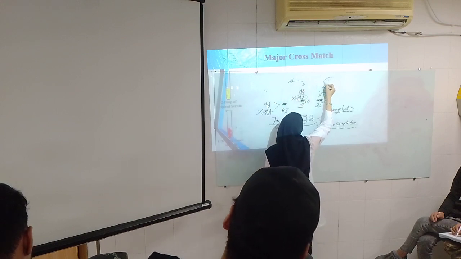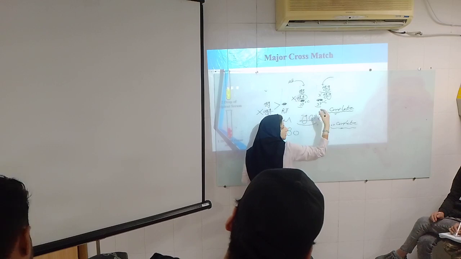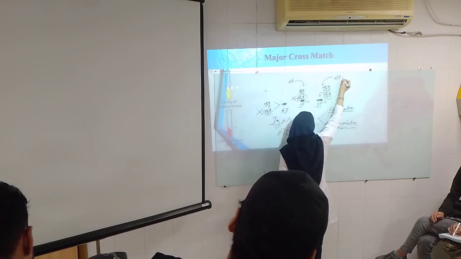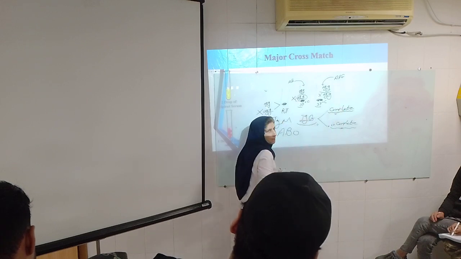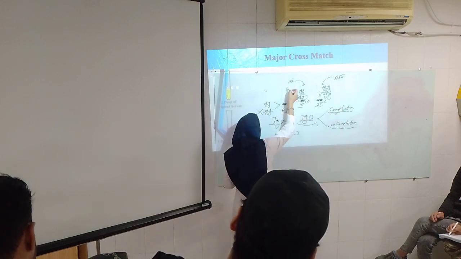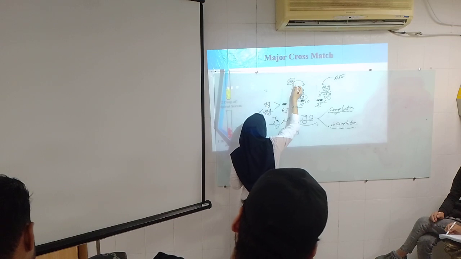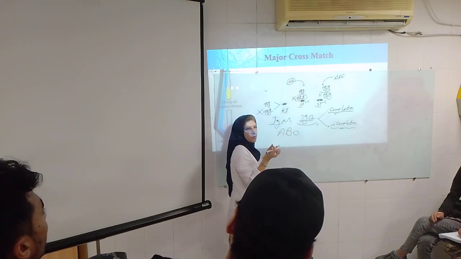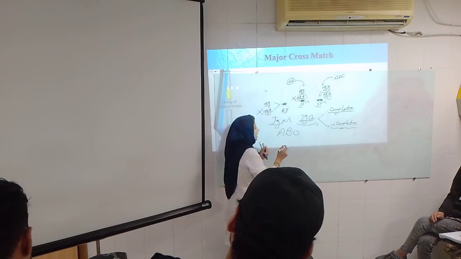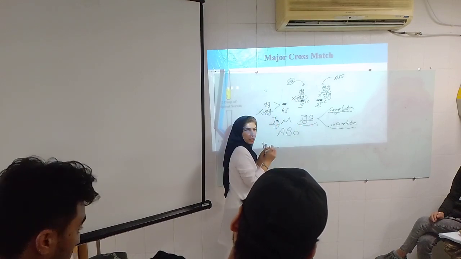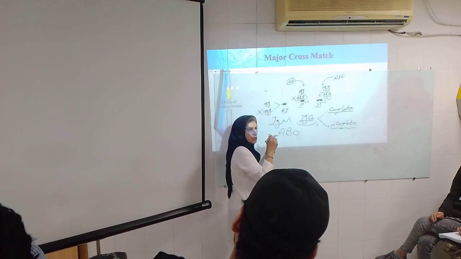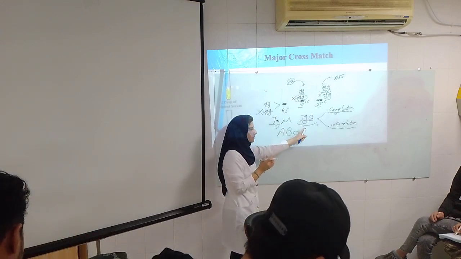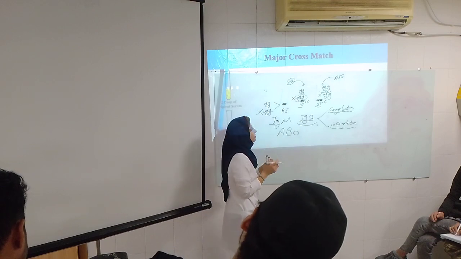In the third one, we need another antibody that we call anti-human globulin. When you add albumin, the albumin decreases the negative charge between the antigen and antibody. If you have complete IgG, they start to attach with each other and make agglutination. And you can detect the complete IgG.